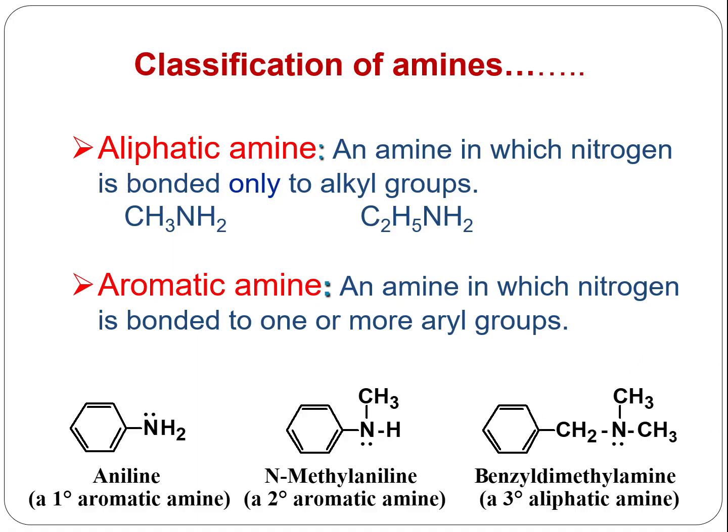It can be the presence of both alkyl and aryl groups also, like N-methylaniline, which is a secondary aromatic amine. Then benzylamine, in which the benzene ring with CH2 is there, and then the nitrogen of the ammonia is substituted with the benzyl group. Then it is called an aliphatic amine here, because the nitrogen is substituted directly by alkyl groups.